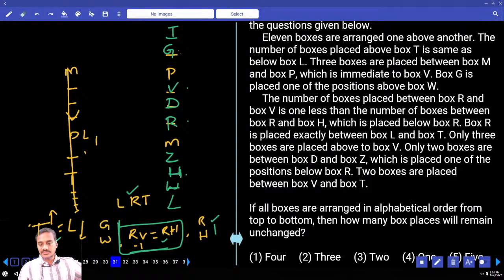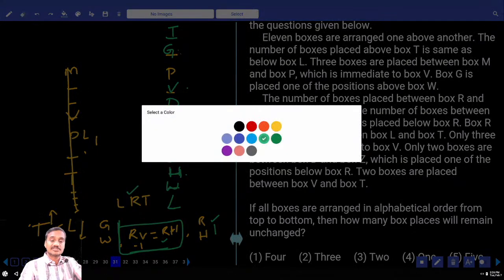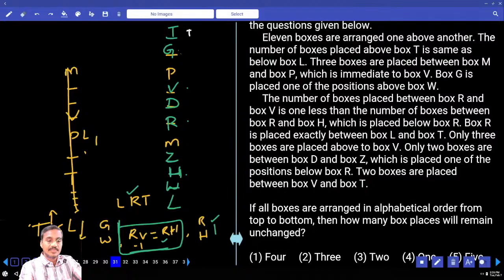Then next one, 31st. If all the boxes are arranged in alphabetical order from top to bottom, then how many boxes will remain unchanged? Top to bottom, all the words should be arranged in ascending order. Tell me, in ascending order, which ones are there? Now D, next one is what? G, right?